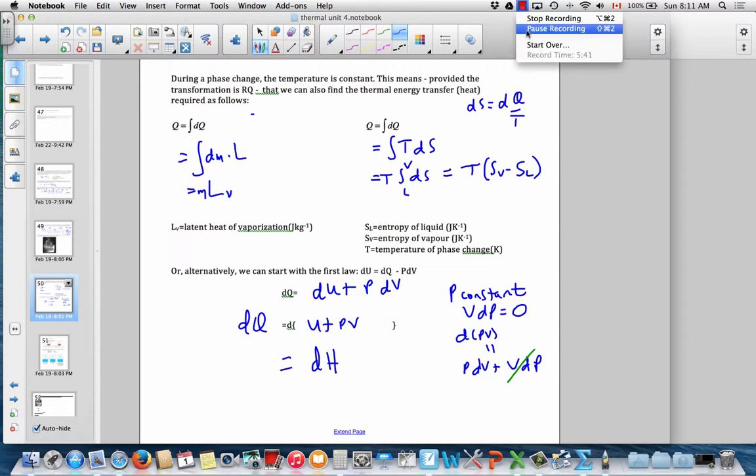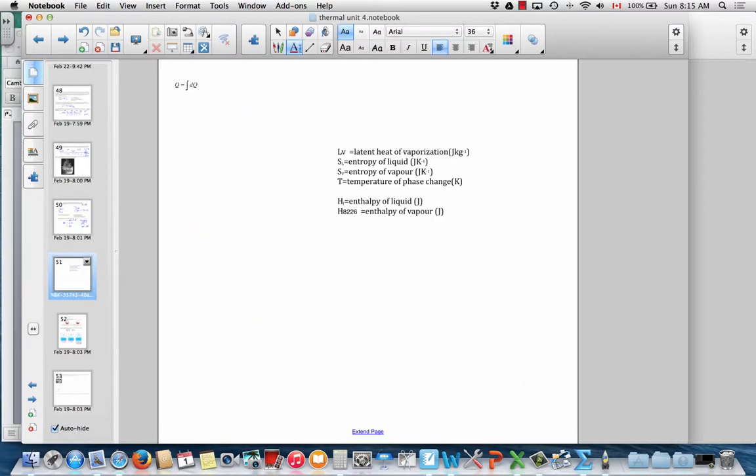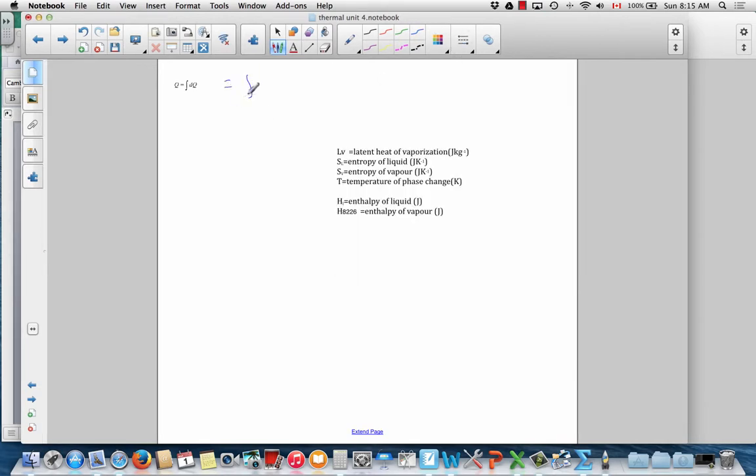Just let me pause there for a second. Since dQ equals dH, we're just integrating dH from the liquid state to the vaporous state. So that just is the enthalpy of the vapor minus the enthalpy of the liquid. So we see that there's several equivalent ways to find the thermal energy associated with the phase change.